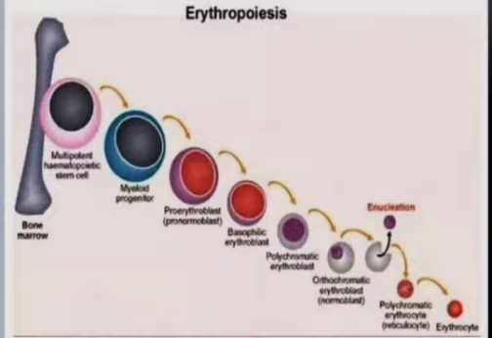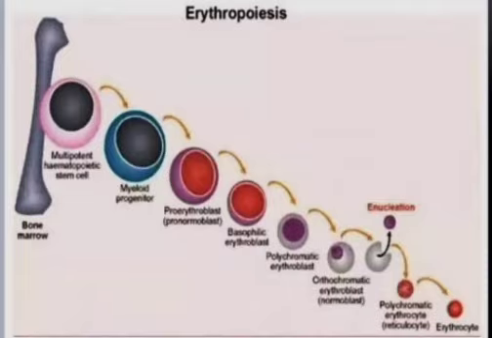So at the stage of polychromatic erythroblast, hemoglobin appears in the cytoplasm, and that is why the cytoplasm stains more with red dye, and that is an indication of the appearance of hemoglobin. Is that clear? Okay.